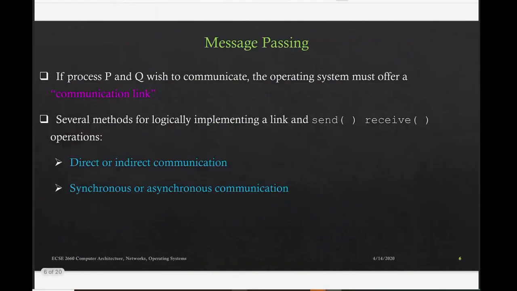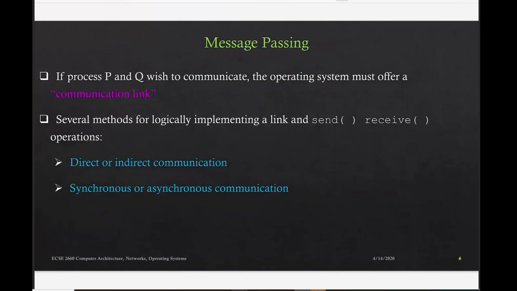Next, let us take a look in detail at the message passing approach to IPC. We are saying that there are two processes, process P and process Q, that want to communicate with each other. For this to happen, the operating system must offer a communication link. In this case, we are going to use the message passing approach. So now we are talking about classification such as direct or indirect.